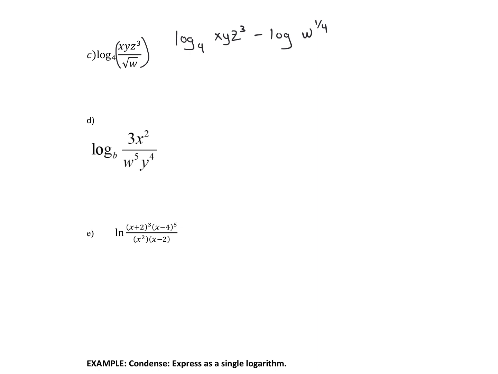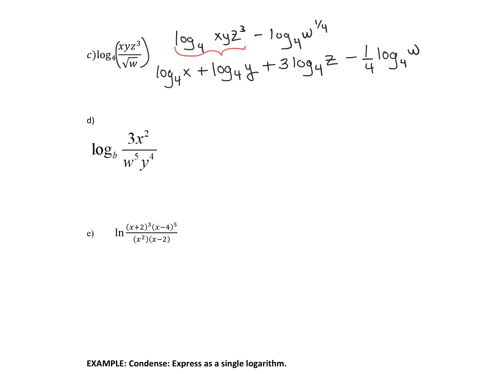So now I'm going to use this first piece, and I'm going to break it up into log base 4 of x plus log base 4 of y plus 3 log base 4 of z. The 3 came down because it was an exponent, minus 1/4 log base 4 of w. Missed a 4 here.